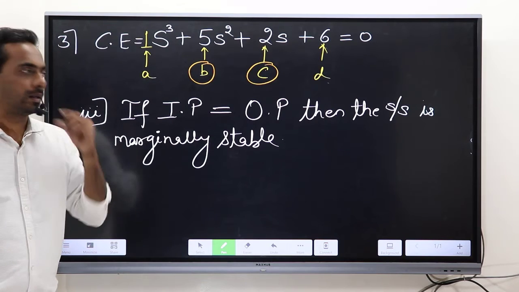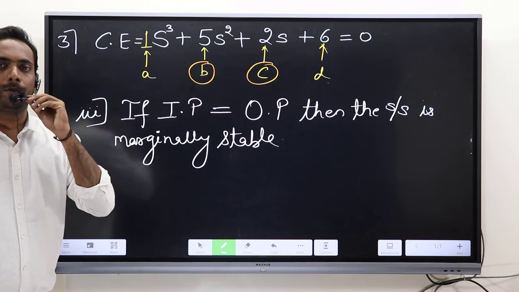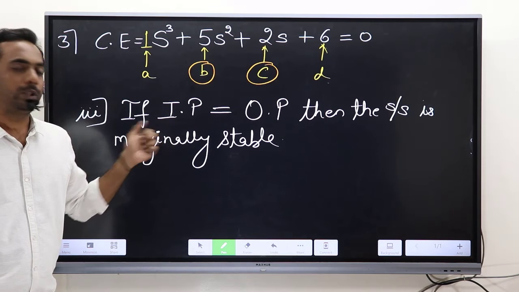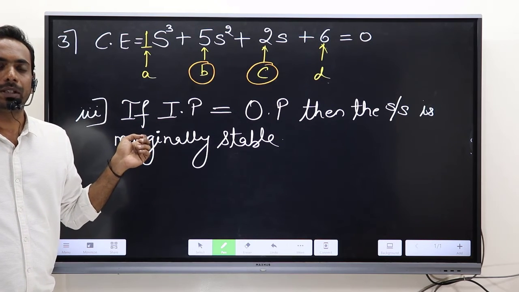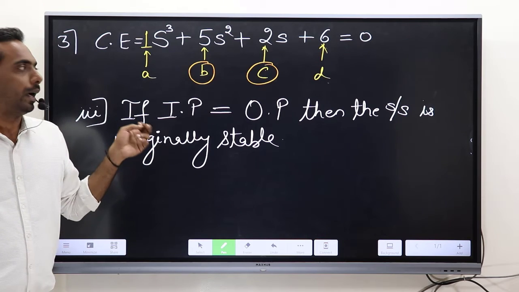When we started the chapter, I told you Routh-Hurwitz criteria deals with the absolute stability of a system. What comes under absolute stability?